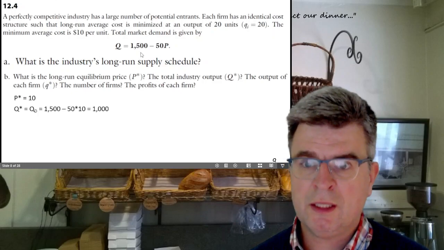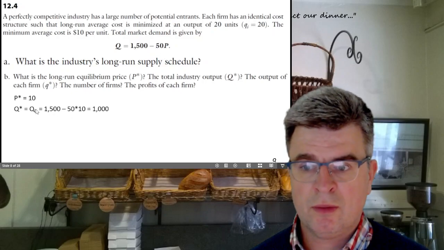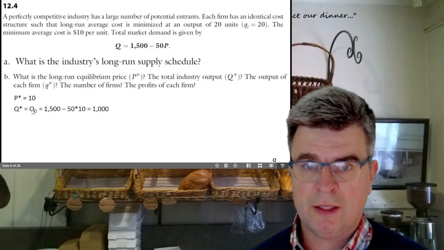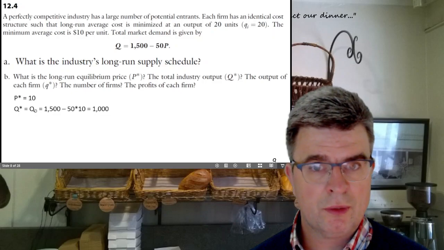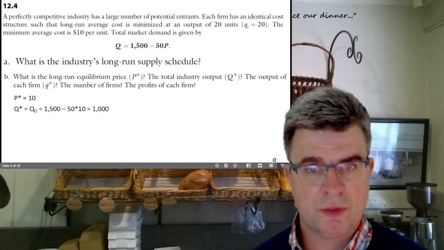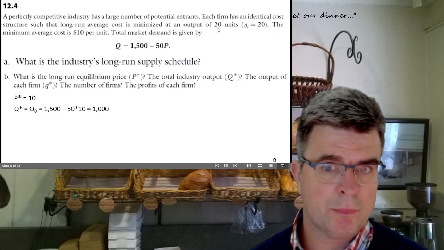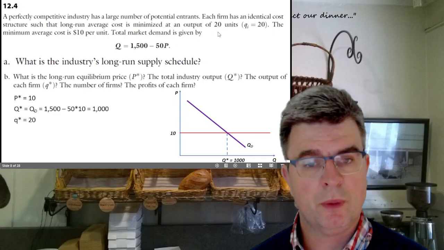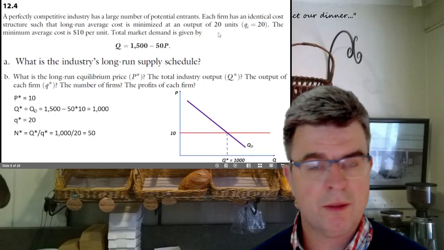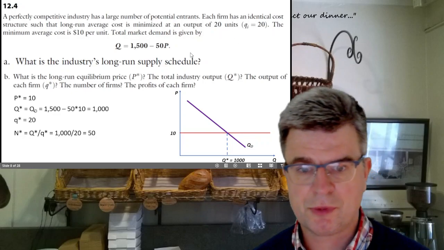When we plug this into the market demand function, we get that demand at the price of 10 is equal to 1000 units. In the long run, demand equals supply, so also 1000 units need to be supplied. Each firm will produce 20 units, so the total number of firms will be 1000 divided by 20. So in the long run equilibrium, we will have 50 firms.